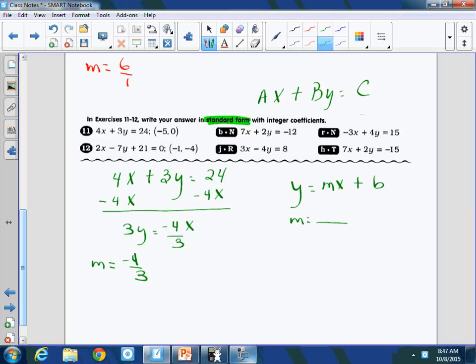This slope is negative, did I do something wrong? So this slope is negative 4 thirds, right? But the slope of the line that I want is perpendicular to that. 3 over? Are we good? Okay?